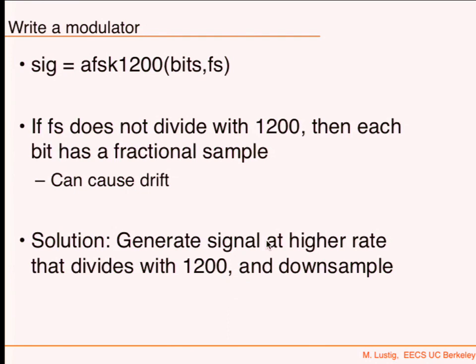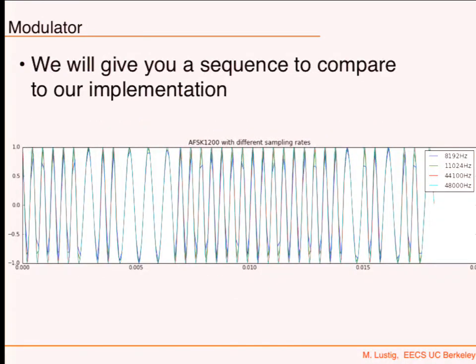Okay, so I want you to make sure that this works. What we did is we generated our own at a few rates and saved it. We even added code in the lab that automatically downloads that file and loads it into IPython for you. Then you can generate your own AFSK and compare to make sure that it aligns, so you can guarantee that your code actually works.